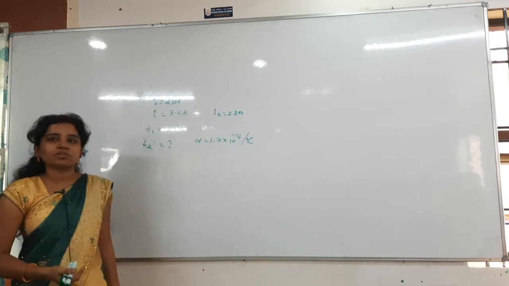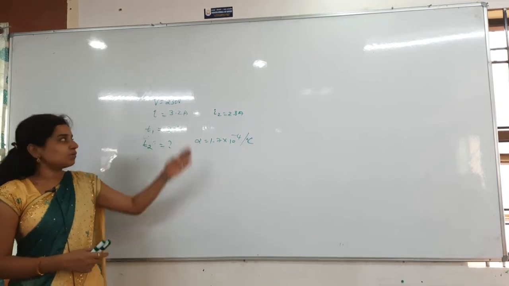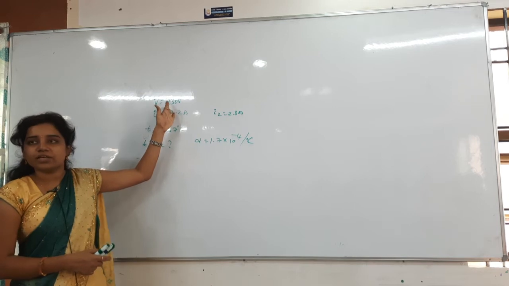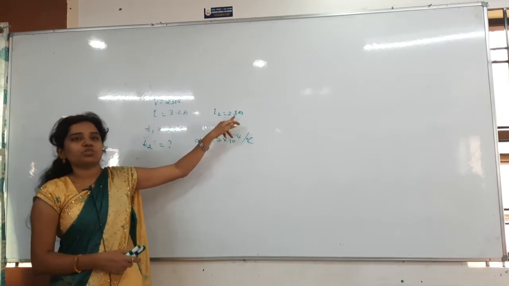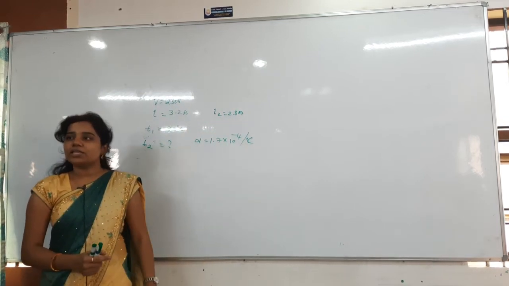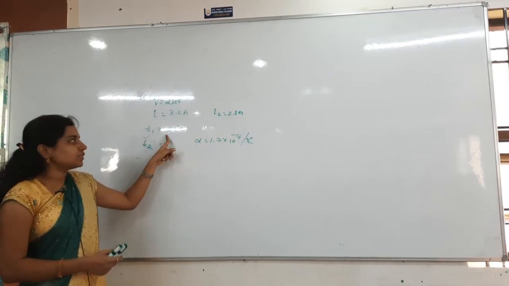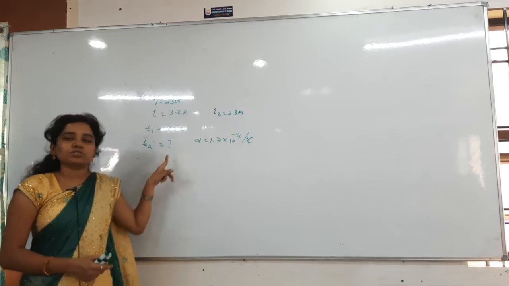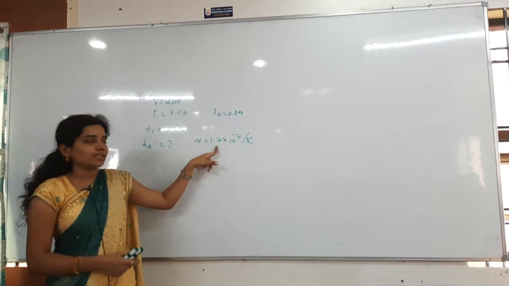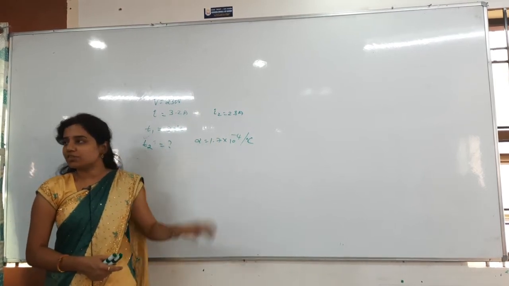That steady temperature, T2, I don't know. But the voltage is the same initially and finally, and the current changes to 2.8 amperes. Indirectly they have given R1 at 27 degrees Celsius and R2 at some temperature, so that I can get the alpha value. That is the given question.